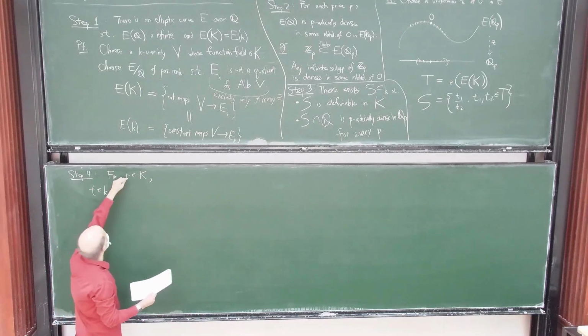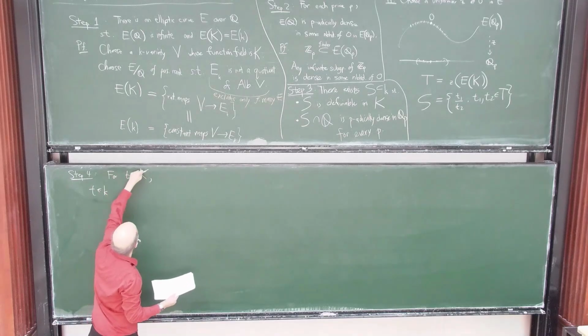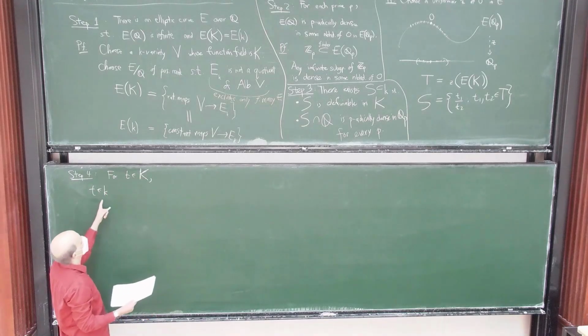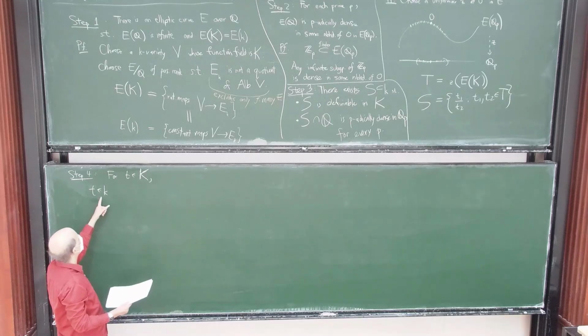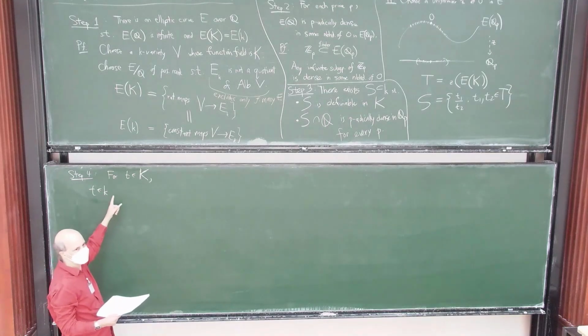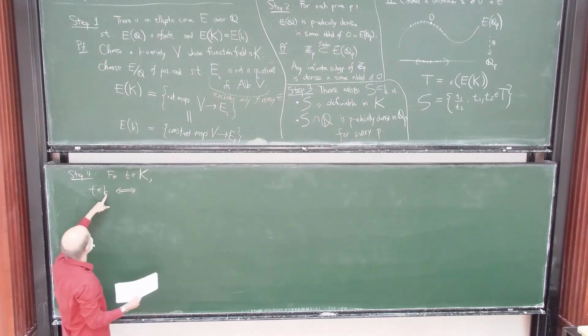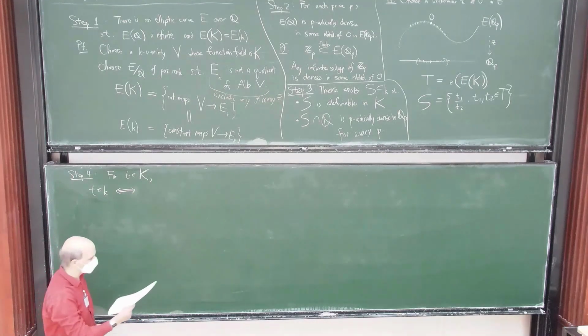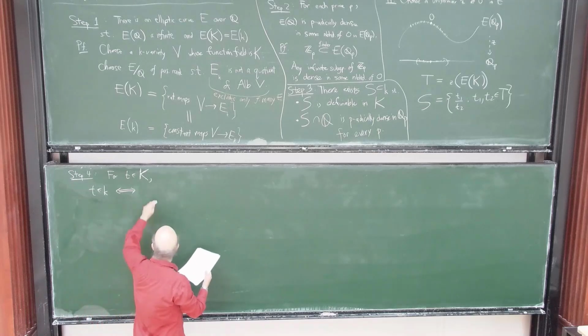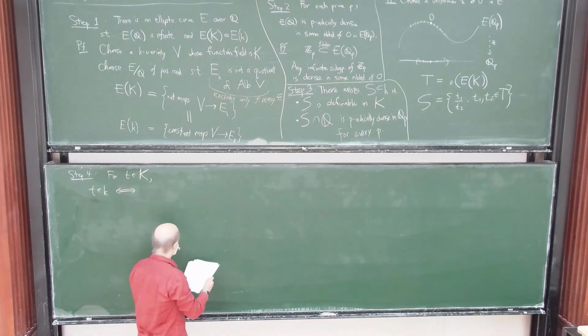and then I won't have... So if you have an element of capital K, remember what we're trying to do. We're trying to show that the constant field is definable by a first order formula. And so I'm going to tell you what the formula is.